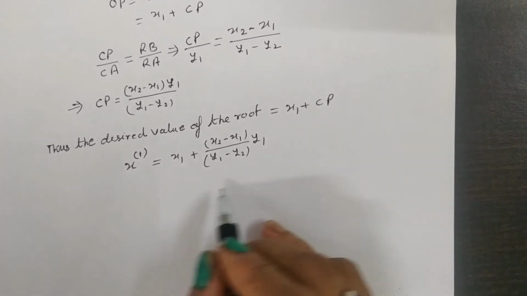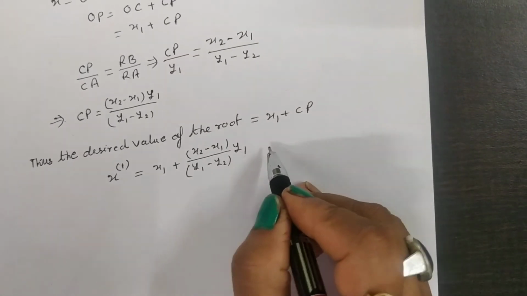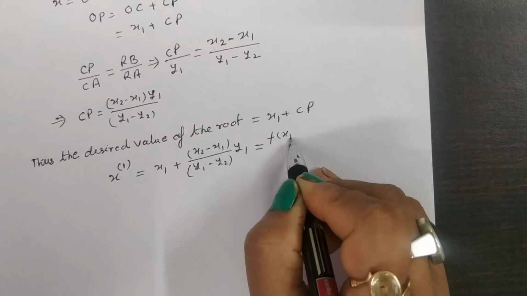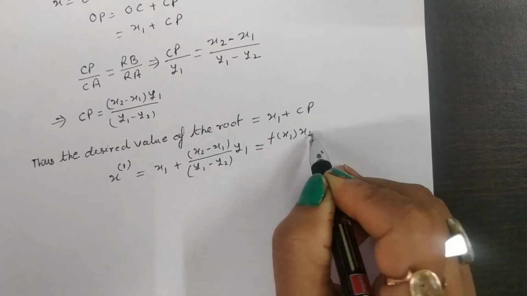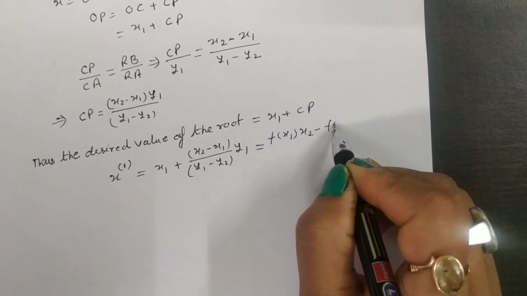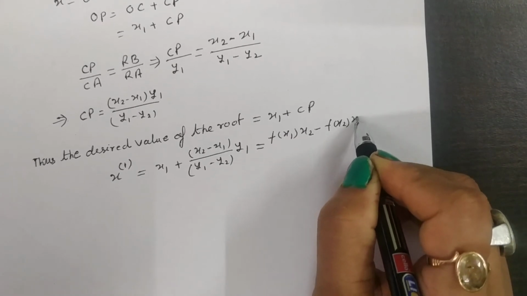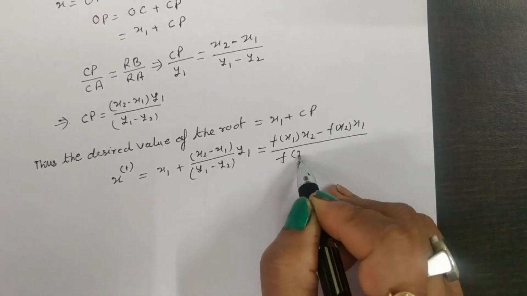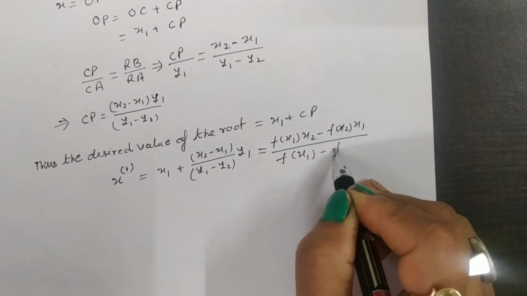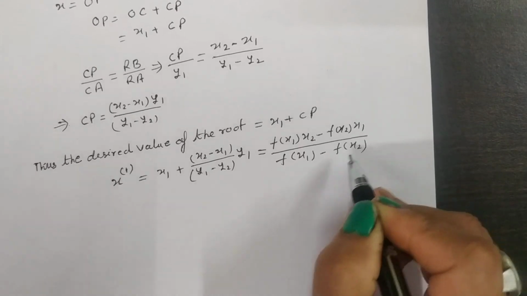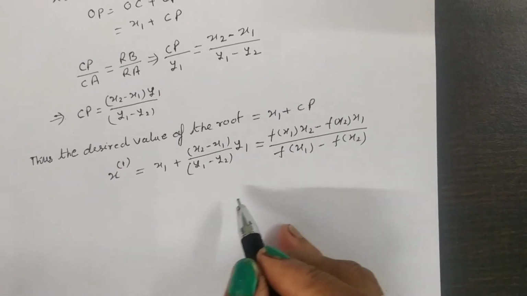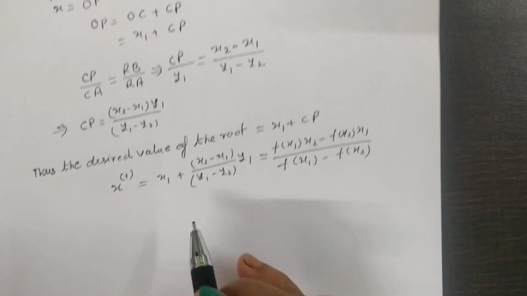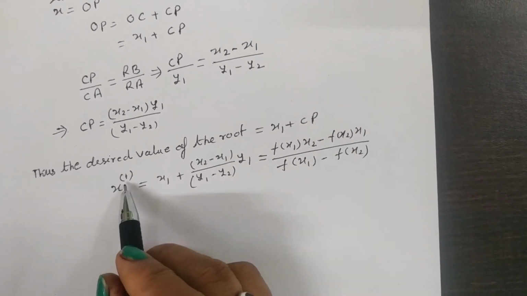Now calculating this, we get f(x1)x2 minus f(x2)x1 divided by f(x1) minus f(x2). Clear? Let the desired approximate value be represented as x1.